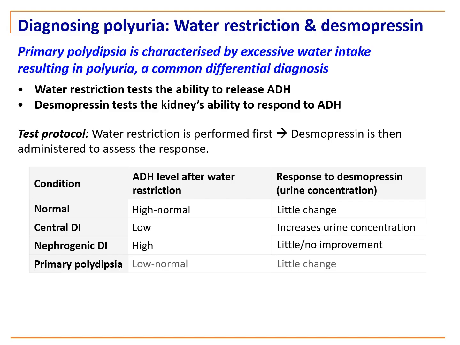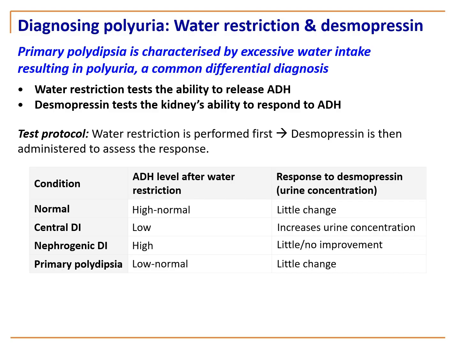Primary polydipsia. Okay, so in this case, excessive water intake suppresses ADH release, resulting in low to normal ADH levels. Following water restriction, ADH recovers. Hence, we have low normal levels, because remember, it's normally quite low, and then it comes back to normal levels.